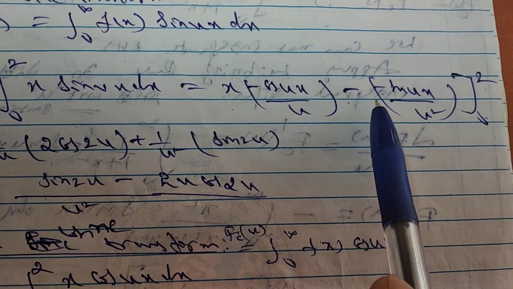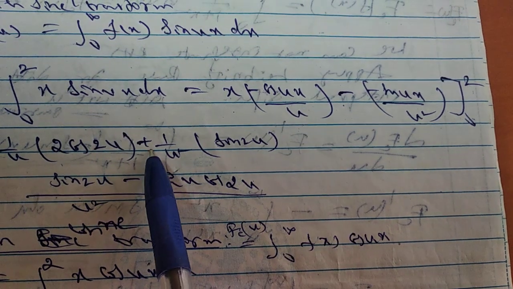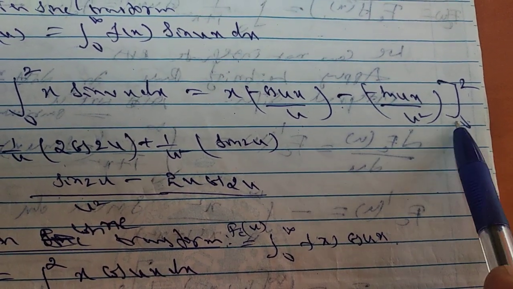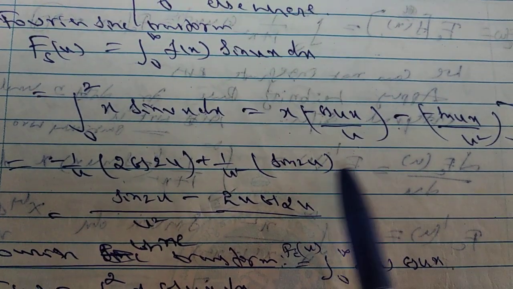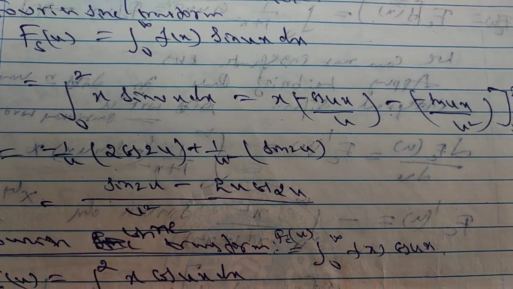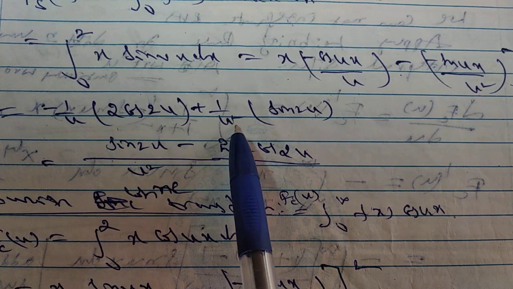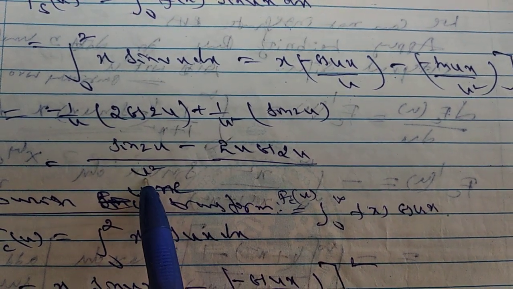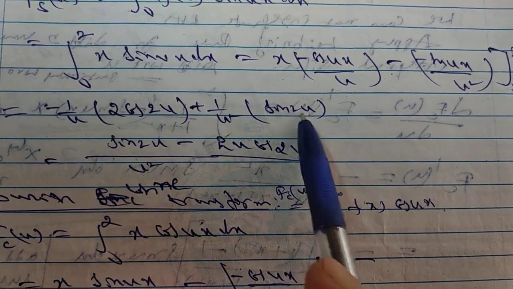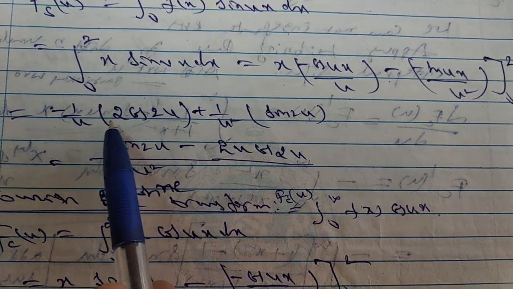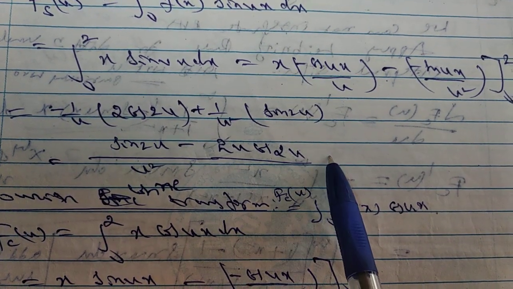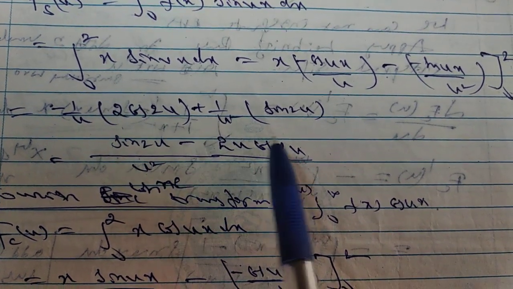Next term: minus, minus gives plus, 1 by u squared. Upper limit x is equal to 2 gives sin(2u), minus the lower limit, where sin 0 is 0. Now take the LCM, which is u squared. So we get (sin 2u minus 2u cos 2u) divided by u squared. This is the Fourier sine transform.